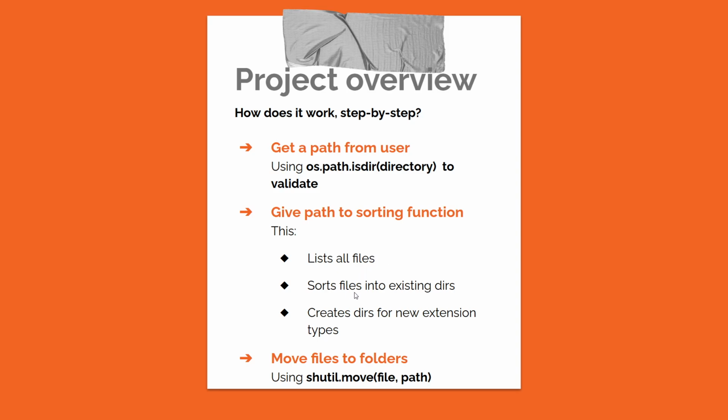Then we want to sort the files into existing directories, and what we do is we use shutil.move to do this. So we'll take again the file that is listed here and the path which we create from our base path and the extension of that file. So if the file is something like a text file, it would go into the text folder, etc.